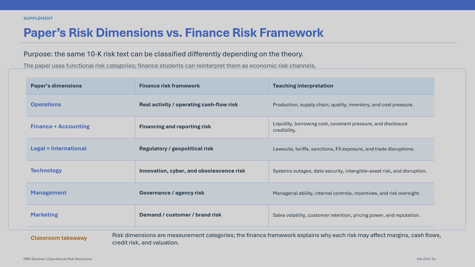For example, borrowing cost is one related to finance risk, right? And if you have a legal risk, then the lawsuit and so on, or tariff will be related. So this is the paper's ecosystem that you can apply to if you are interested in the future.